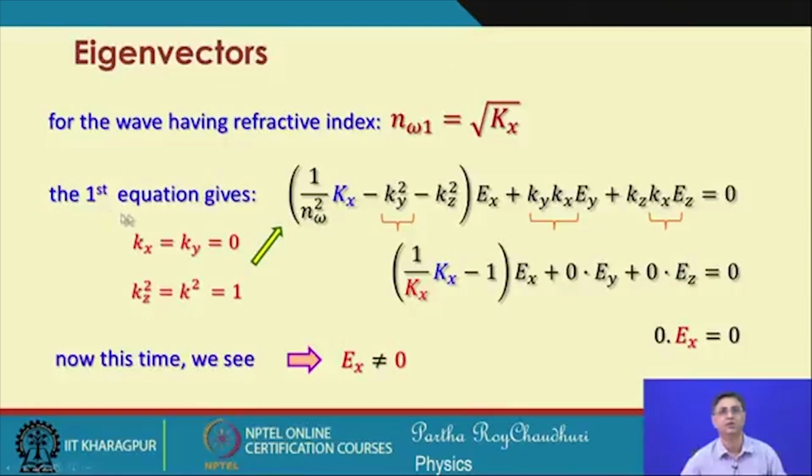Let us see what happens when I use the first equation and the same wave refractive index values. Because this quantity is equal to 0, this is also equal to 0 and this is equal to 0, in the same way we can write this equation as k x by k x minus 1 E x, 0 into E y plus 0 into E z equal to 0.